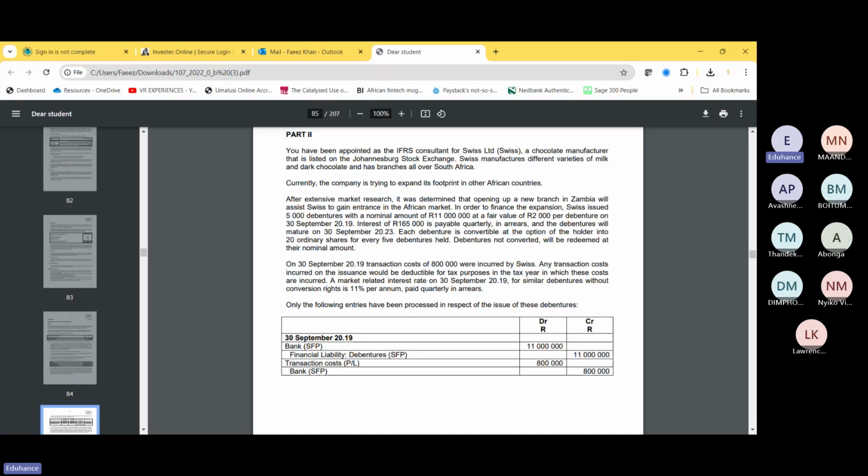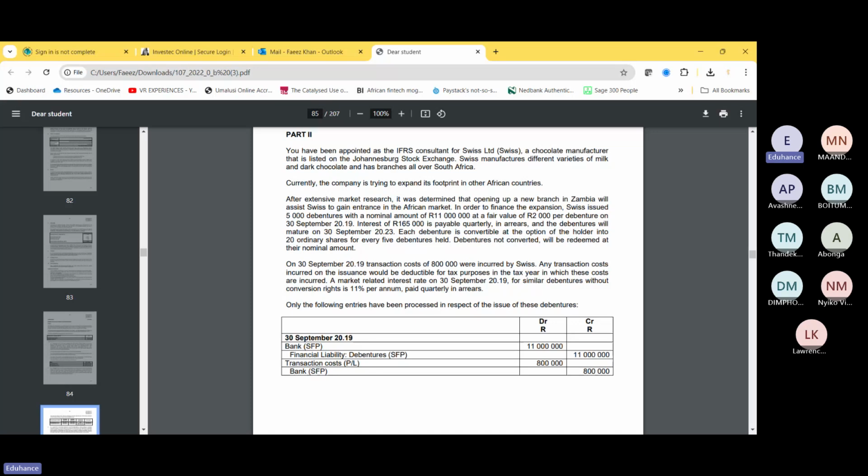The money that we received was equal to the fair value. So in that case, there's no day one gain or loss, because the physical cash was equal to the fair value. You must be careful between fair value, the cash amount, and the nominal amount.